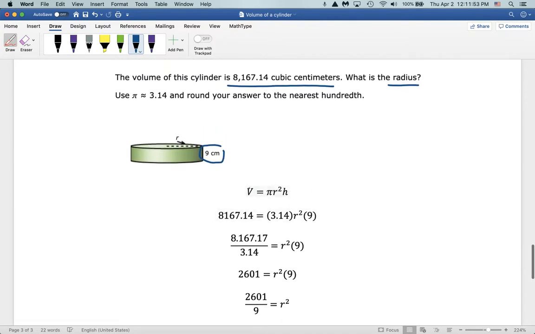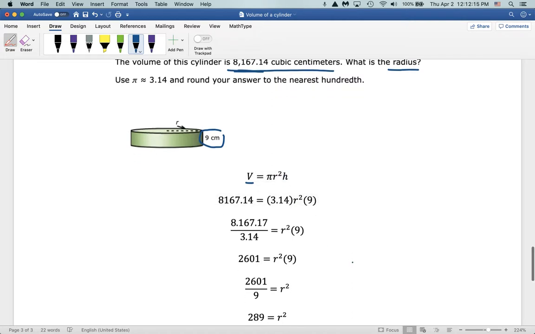So I replaced v with 8,167.14 equals, I put in 3.14 for pi. I don't know r, that's what I'm asking for, so I left the r squared alone, and then I replaced h with 9 because I knew the height.